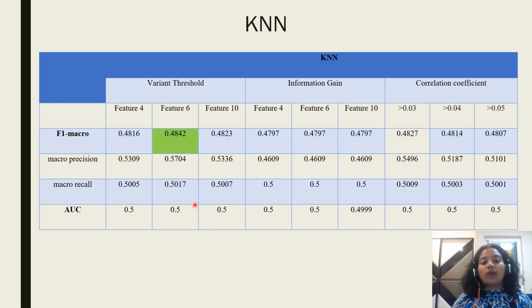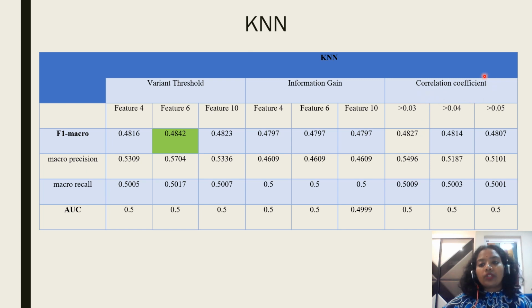I think the previous thing Wade has explained. The first model that I've used is the KNN. As I said, I picked 4 features, 6 features, and 10 features for variance threshold, and again 4 features, 6 features, and 10 features for information gain.